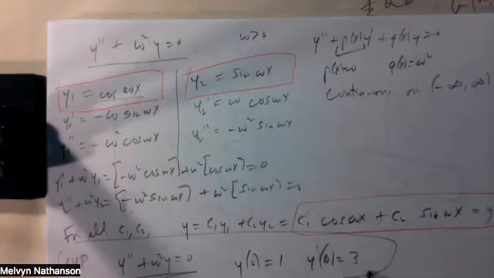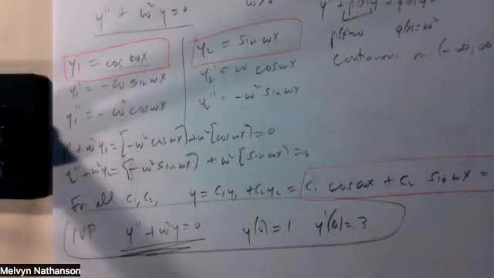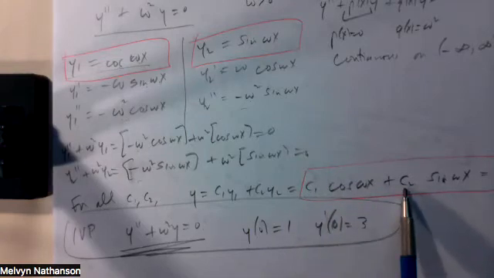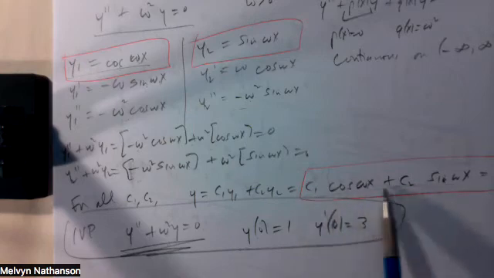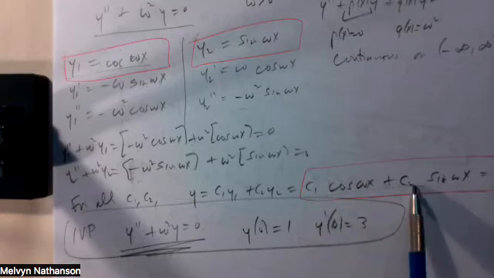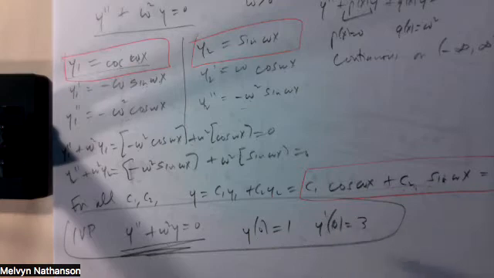And here's an initial condition. We're specifying the values of y and y prime at 0. So we know that for any choice of constants C1 and C2, this is a solution. So we can ask, can we find C1 and C2 such that the linear combination y satisfies these conditions?